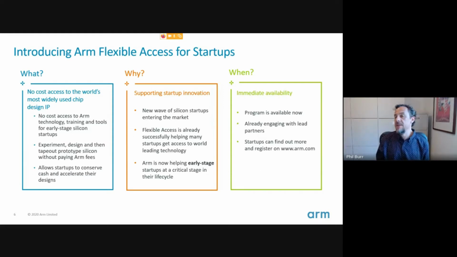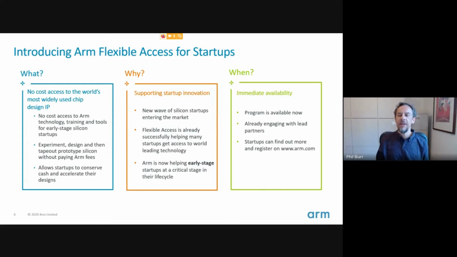The reason for that is that we want startups to be able to conserve their cash and to really move on to the next stage of their development quickly, and by not having to spend money on technology from ARM, you can spend more money on recruiting people and speeding time to market.